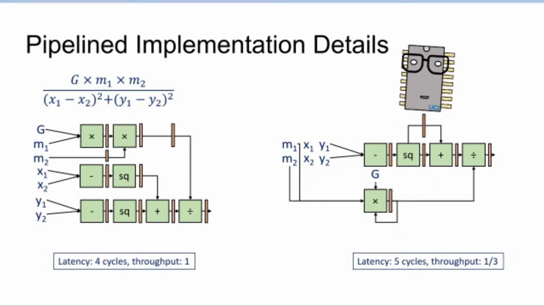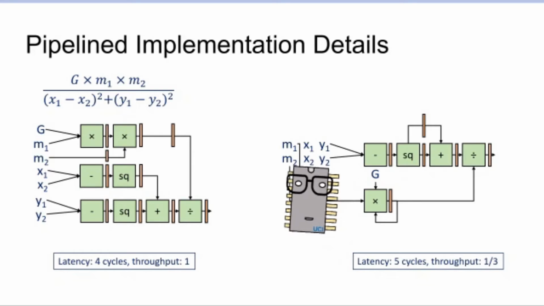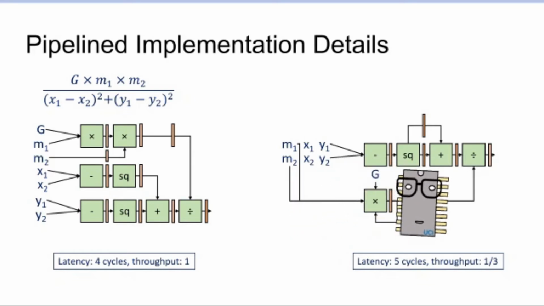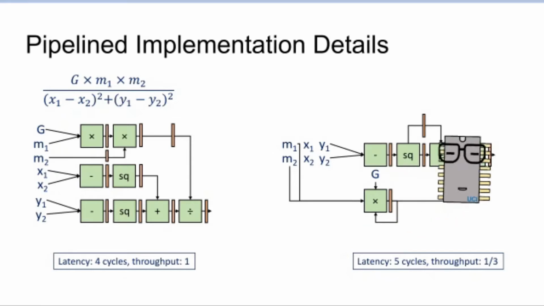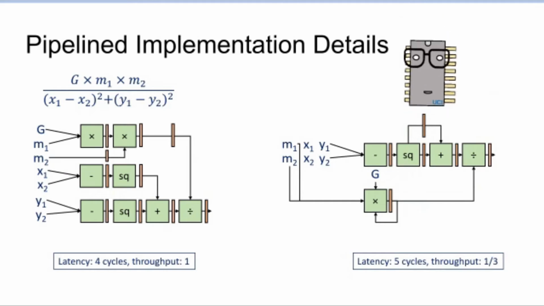In the third cycle, it doesn't do anything, it just sits here. The control structure has to be constructed so that the data just sits here. Because in the third cycle, we have to wait for the results of x1 and x2 to come into this pipeline register on top, so that on the fourth cycle, we can add these 2 things together. So until this pipeline register becomes occupied for one cycle, this thing has to wait.